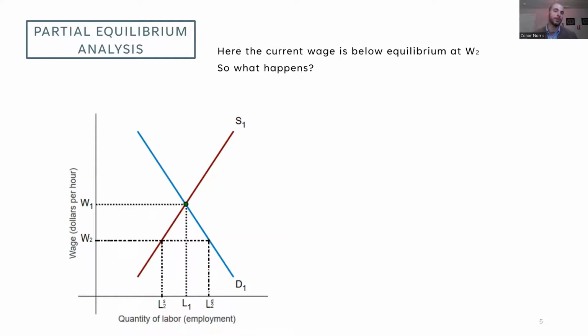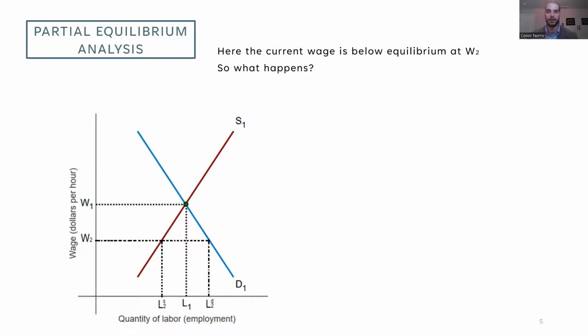When the wage is below the equilibrium wage, the quantity of labor that workers are willing to supply on the market is going to be less than in the equilibrium case. Here it's represented on the horizontal axis by L2 with the little S superscript, S for supply. To determine the quantity of labor supplied, you take W2, that wage, and trace it across until it hits the supply curve.